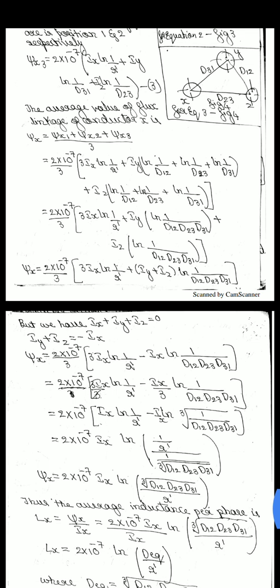The 1 divided by 3 can be taken as a cube root. We can write 2 into 10 to the power of minus 7 open bracket ix ln 1 by r dash minus ix ln cube root of 1 divided by d12 d23 d31.